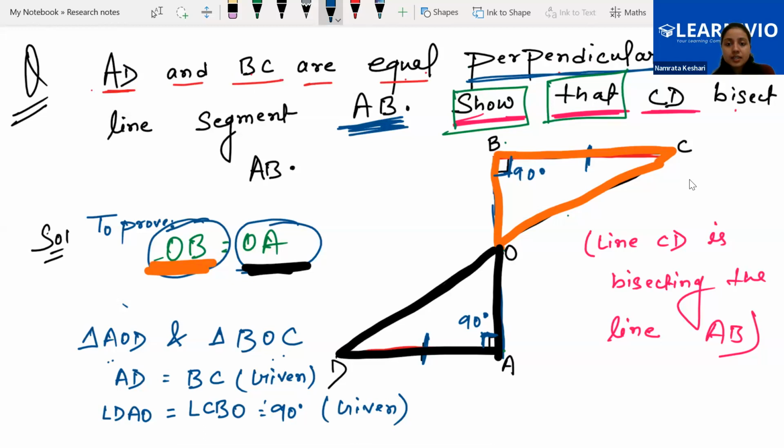BCO. Angle, you are saying? Yes, ma'am. See, you have to be specific, Tejas. BCO is this angle, Tejas. Can you see? Yes, ma'am. So BCO for now we cannot say. That green color angle we cannot say for now.